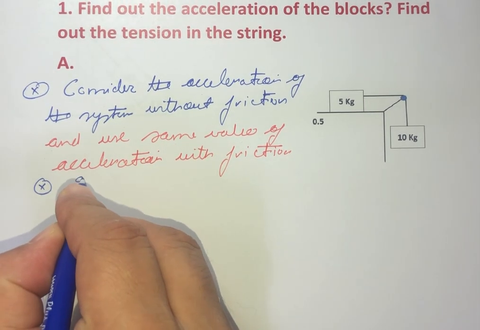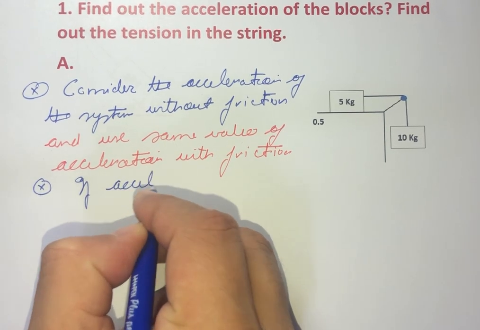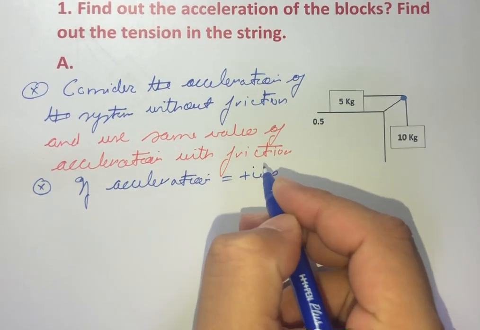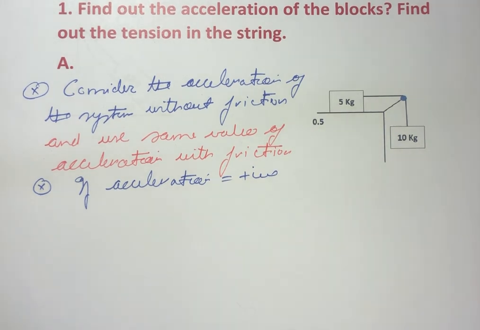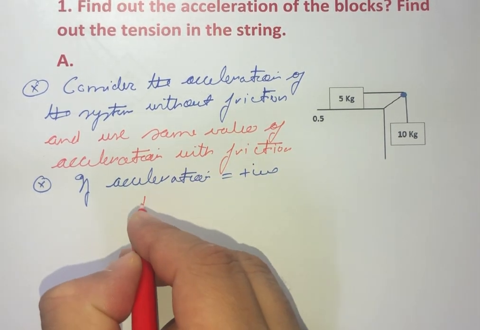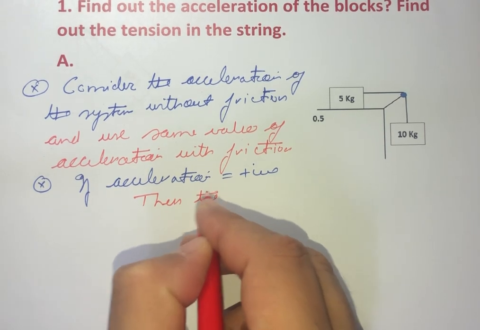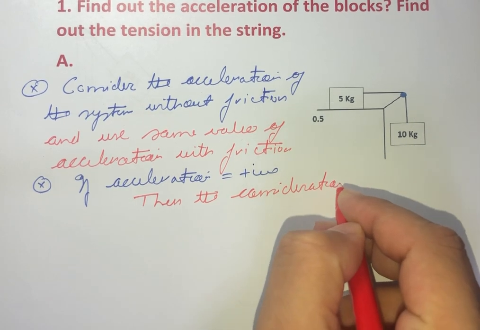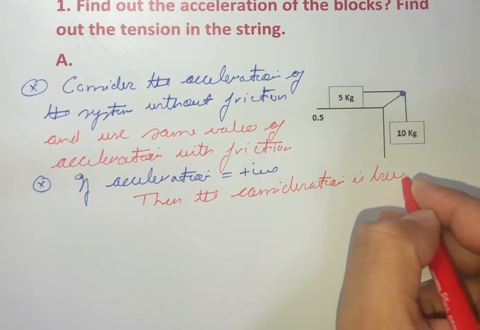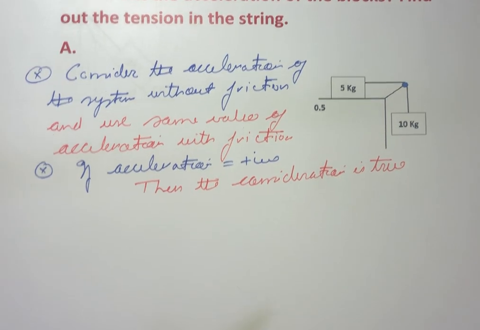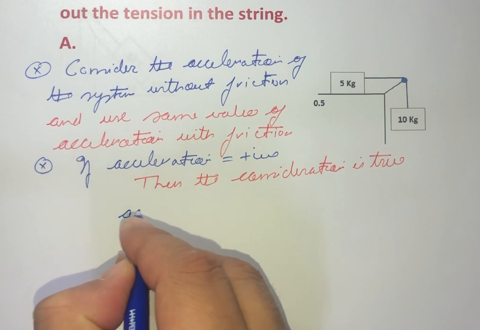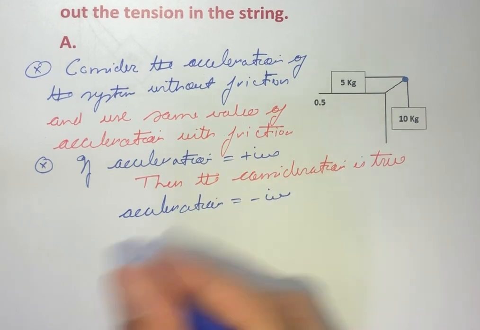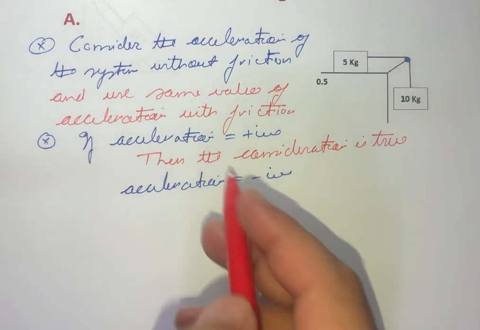So we can say that if the acceleration is positive, then our assumption or consideration is true, and if the acceleration is negative, then we can say the system is at rest.